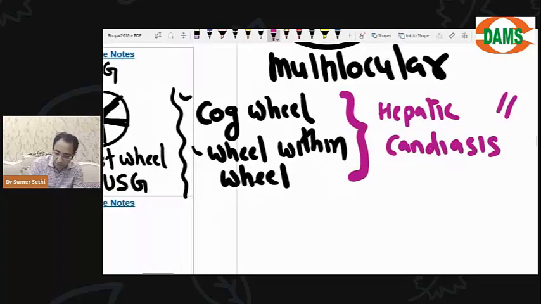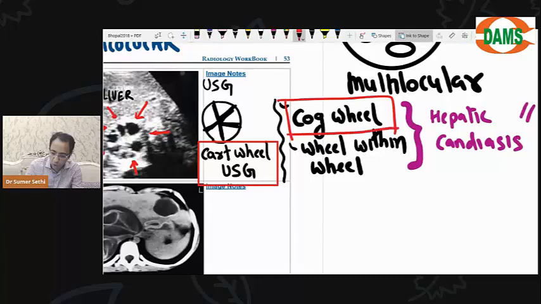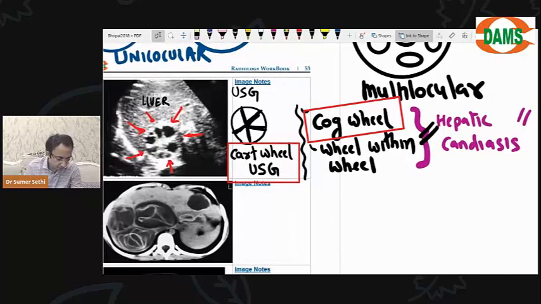Many people get confused, so I'm trying to put the confusing things together. If they say cartwheel appearance on ultrasound, I will mark hydatid. But if they say cogwheel, wheel within wheel, bullseye, all those things, I will say hepatic candidiasis. Liver candidiasis. Very good.